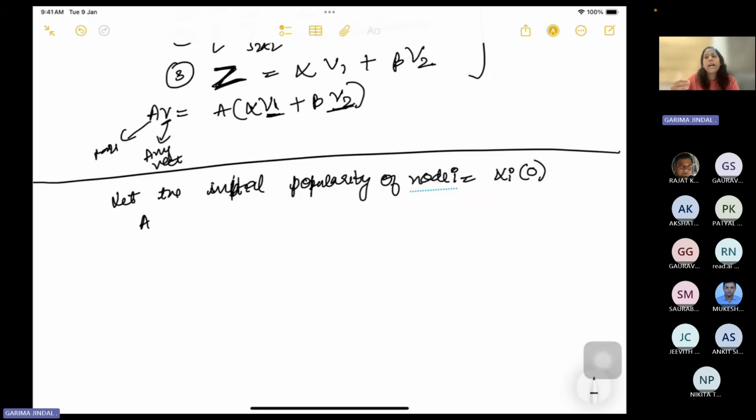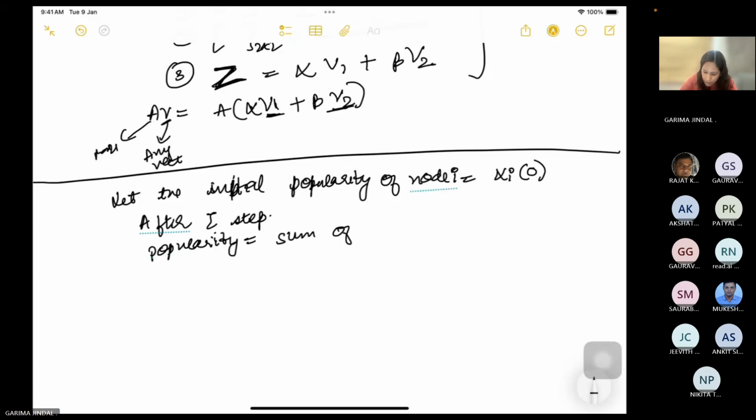We have seen that at each step the costs get distributed. Now after the first step, or first iteration, what will happen? The resultant popularity will be the sum of the neighbors' popularity.